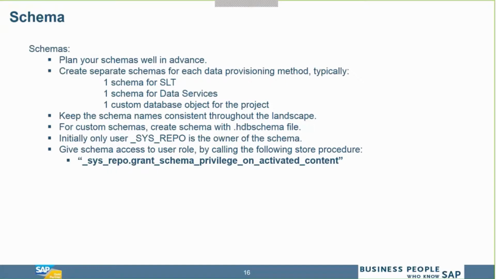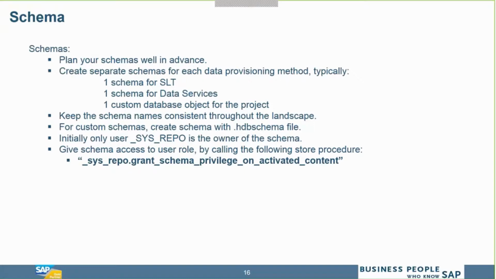So another very important thing that I want to talk about is the schema name. Keep the schema name consistent throughout your landscape. So don't come up with schema names which will say ECC Dev, ECC QA, and so on. Don't, when you go into the next system, create a different name.